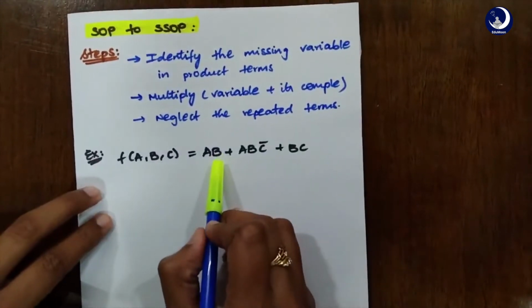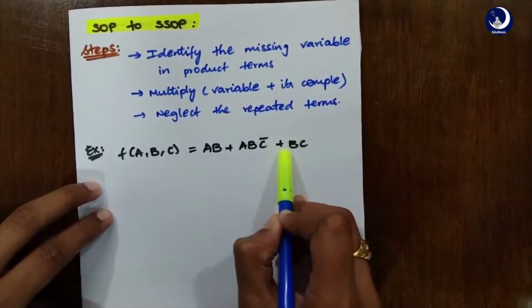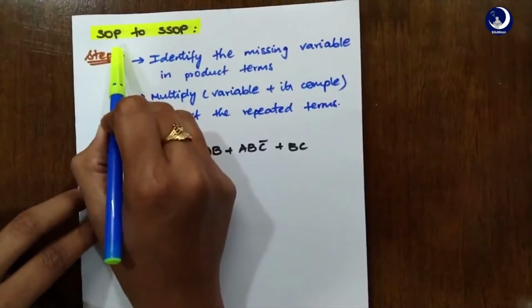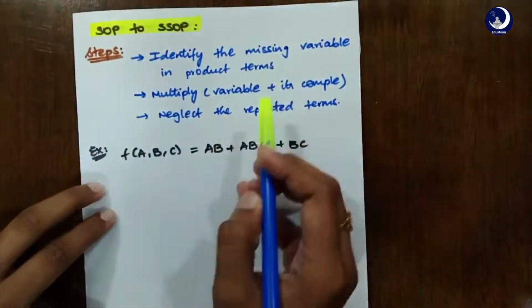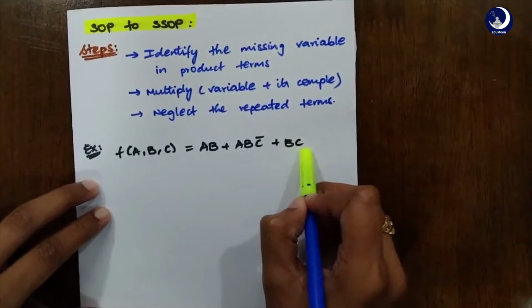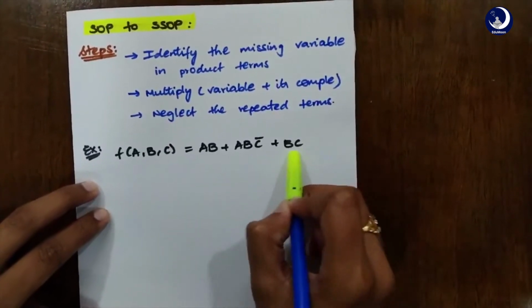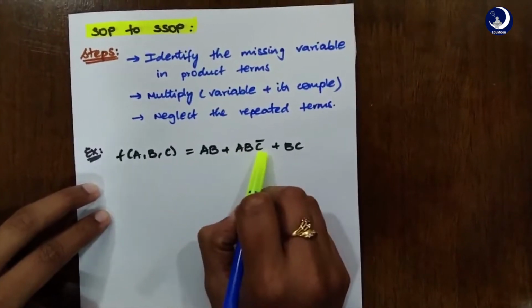This is an SOP form because each term is in product form and all of them are summed up. Now we need to convert this SOP into standard SOP. What is a standard SOP? It should have all the variables a, b, c in each term, but a variable is missing in this term. In this other term it has all of a, b, c, so we are not changing anything there.